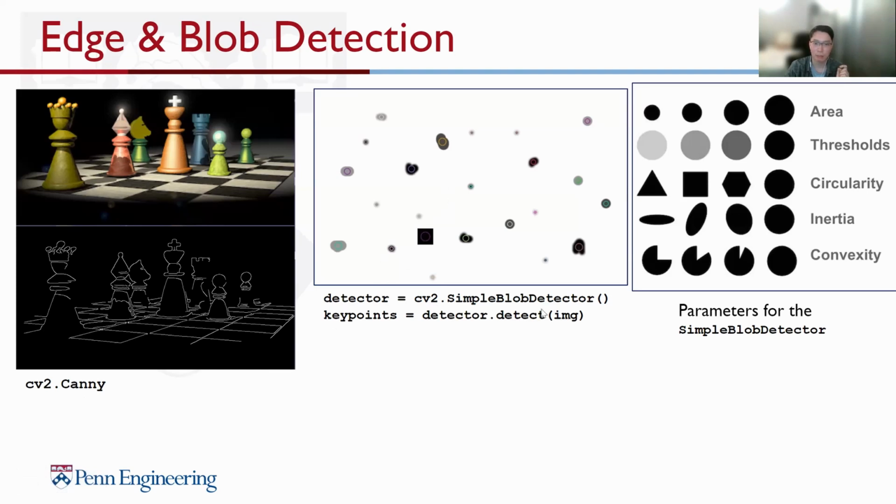The second is the blob detector, and there are different customizations of what kind of blob you want to detect, like the area of the blob, how circular it is, what the inertia is like, or how connected the blob is. When you define it, if you have a clear idea of the shape of the object you're trying to detect, you can use this function to detect your things very quickly.